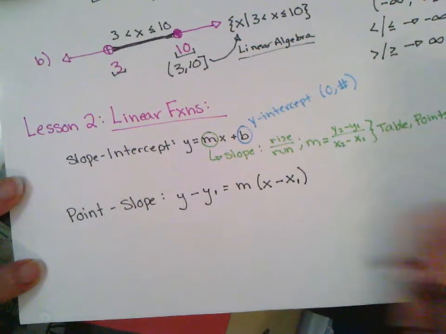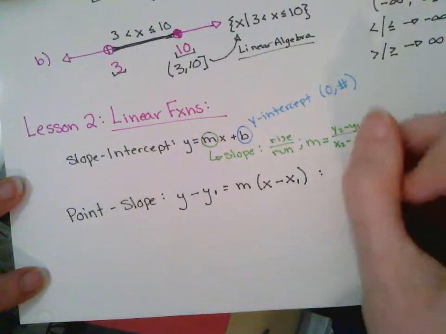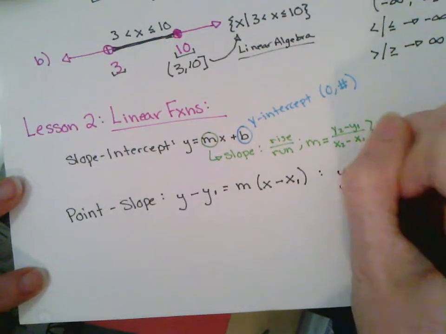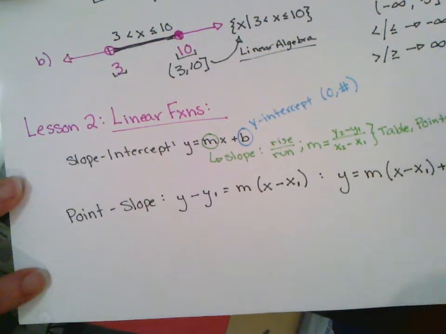If you prefer, you can write it with that y1 on the other side. So y is equal to the slope times your x variable minus x1 and then plus y1 on the outside.